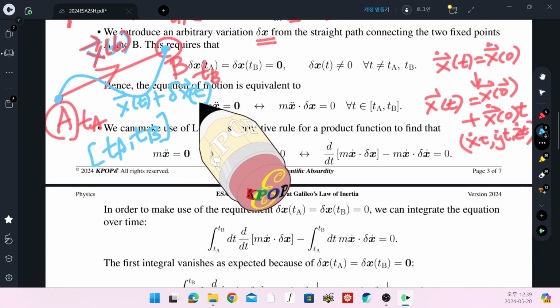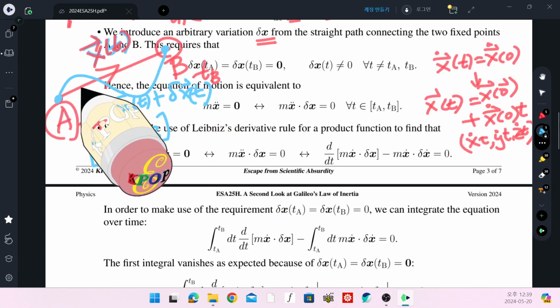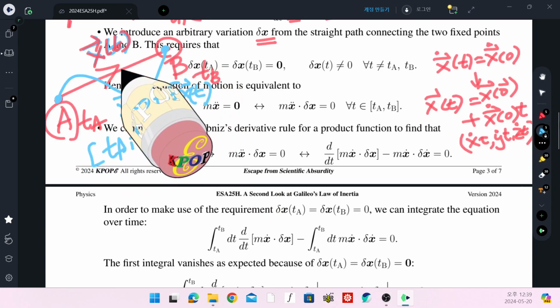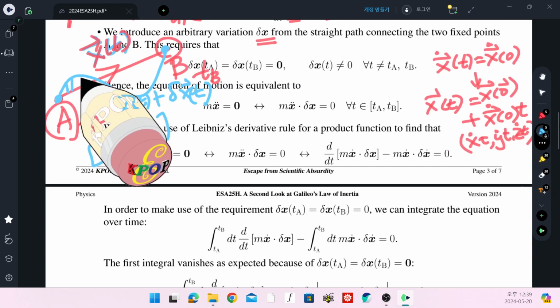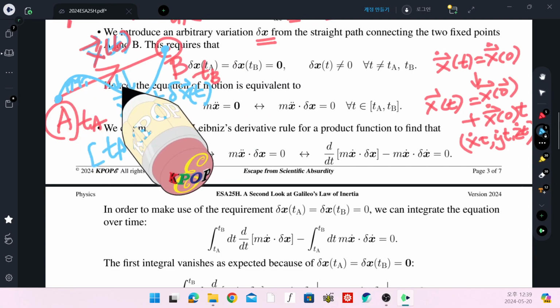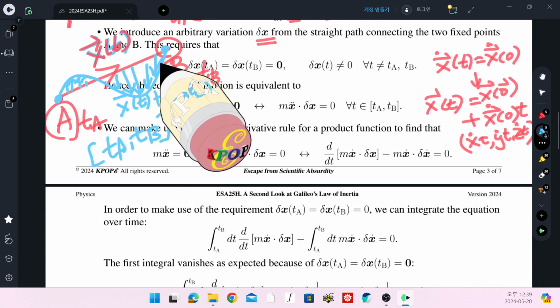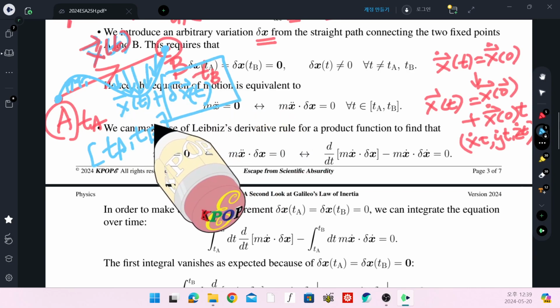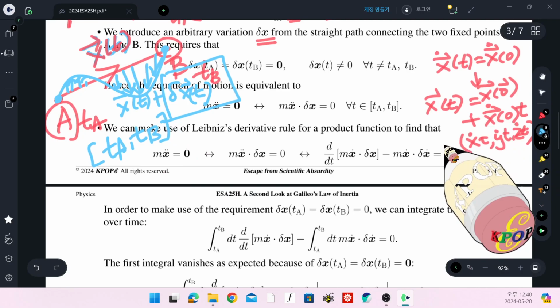We include the unphysical variation from the physical path that is in red. So this amount of shift from the straight path is now understood to be the delta x vector. That is the variation from the physical path.